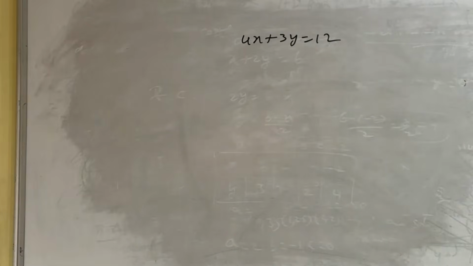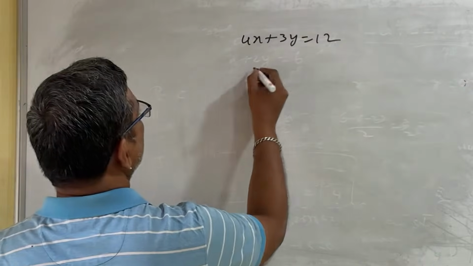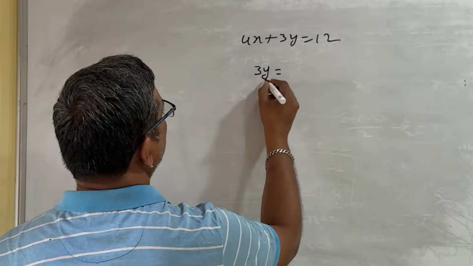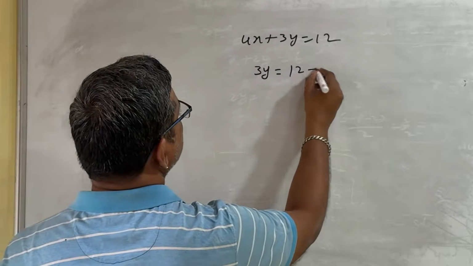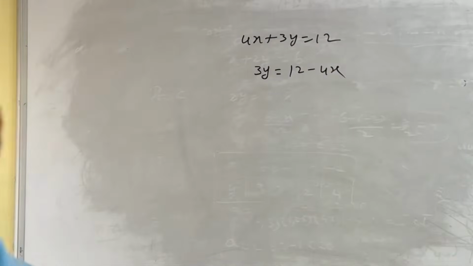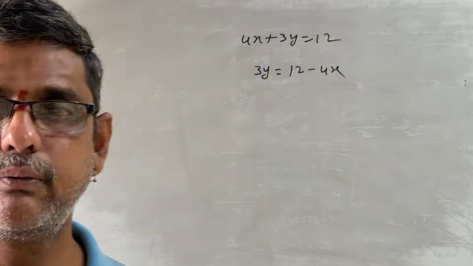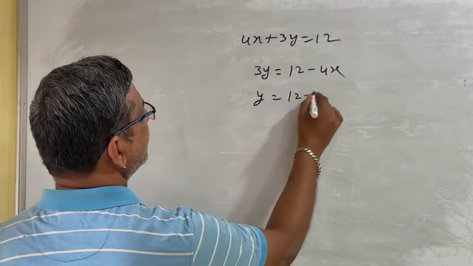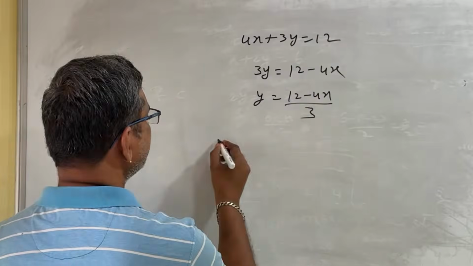So what I told, always keep variable y in LHS and send variable x to RHS. 3y is equal to 12 minus 4x, and then y will be 12 minus 4x by 3.